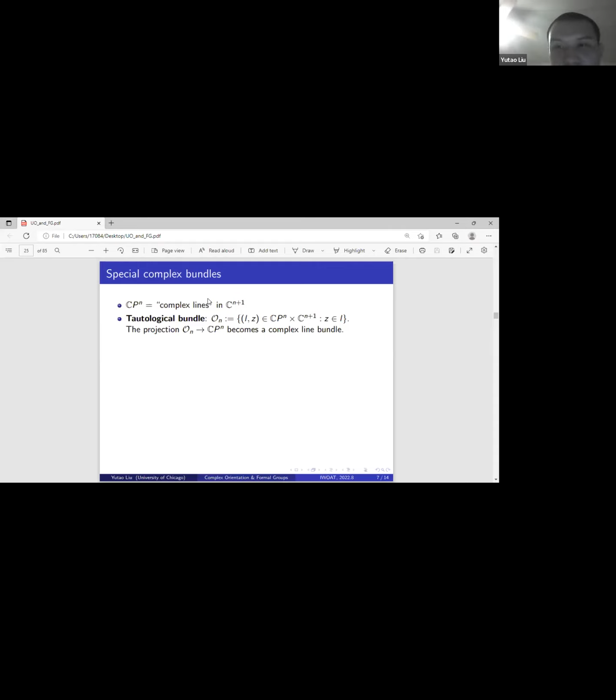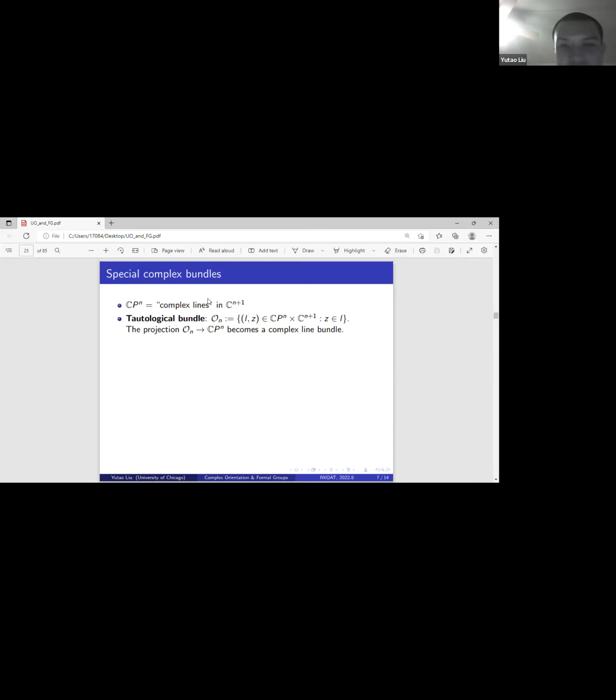So basically for each point in CP^n, you want to assign the line it represents as the line bundle over this point. So here you have a tautological bundle. If you consider the projection onto the first factor, basically you project the whole line onto the representing element in CP^n. Then you have the complex line bundle.